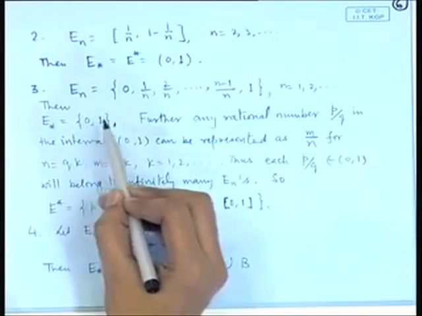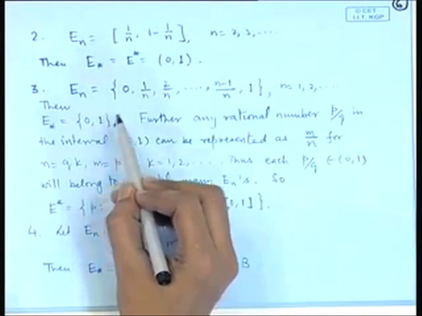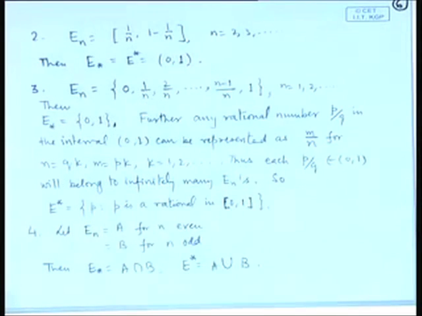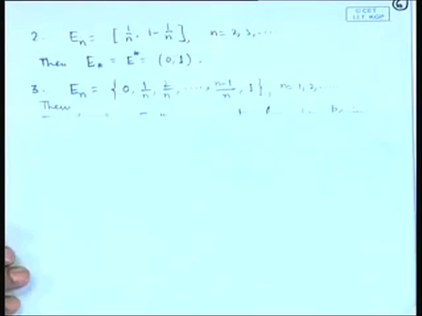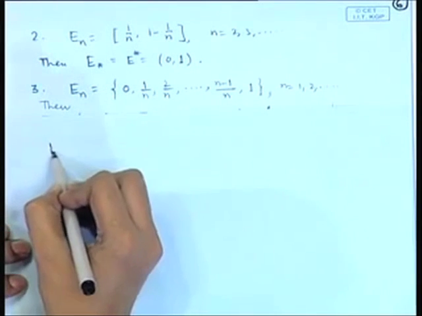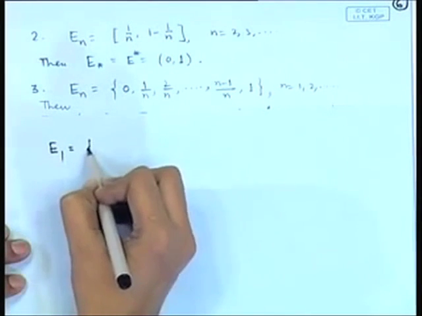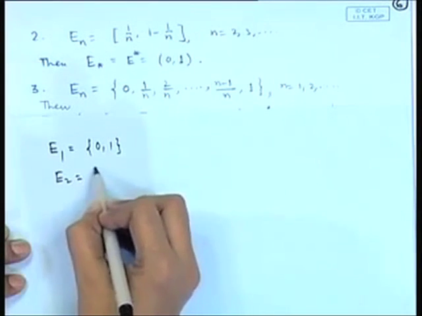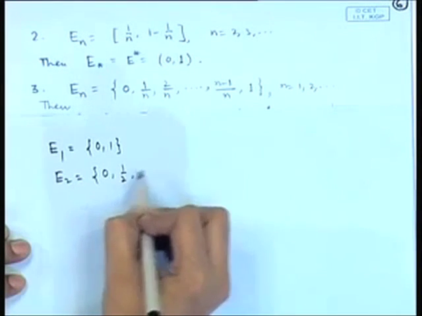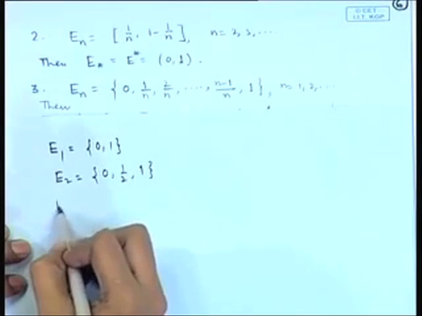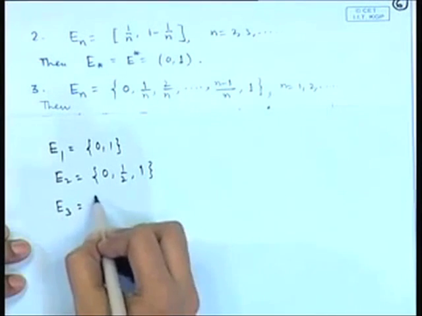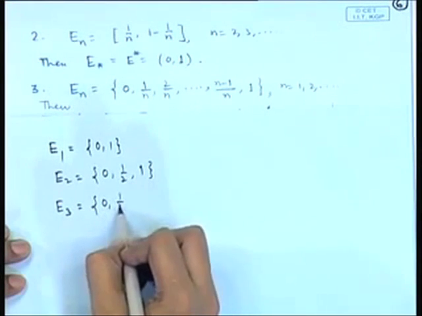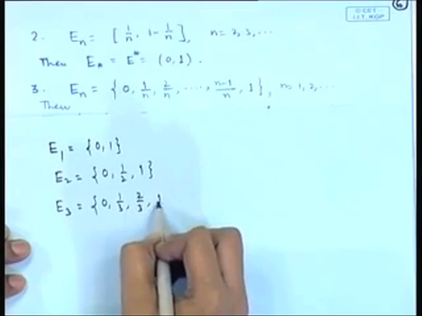This sequence can be explained like this: if we consider E1, then it is the set 0, 1. If we consider E2, then it is the set 0, 1 by 2, 1. If we consider E3, then it is 0, 1 by 3, 2 by 3, 1.